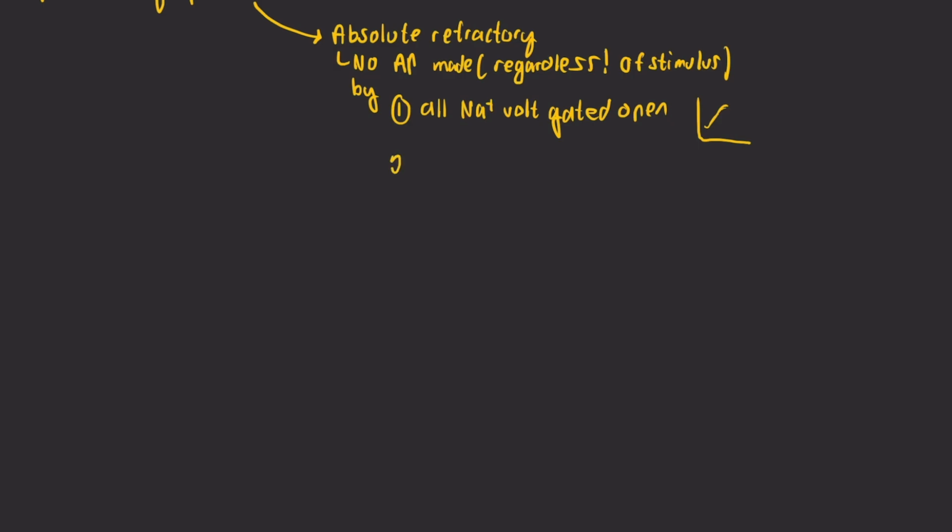Or the other factor is that the sodium channels are inactivated and they cannot be activated again until the membrane potential reaches the resting, which is -70. So either A, all sodium voltage gated channels are open, or they are inactivated.